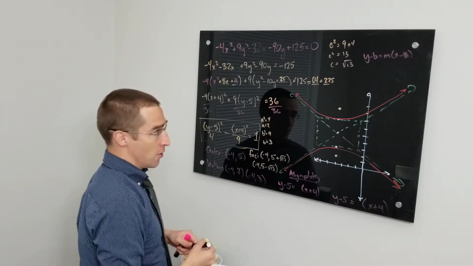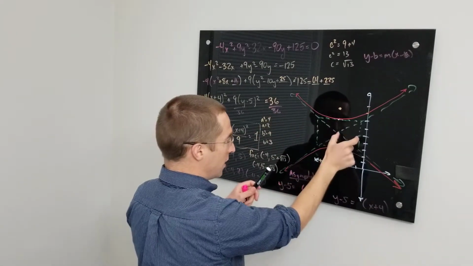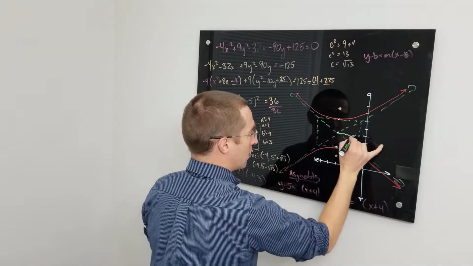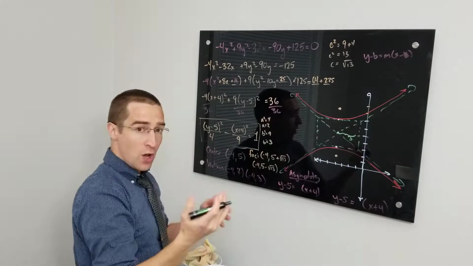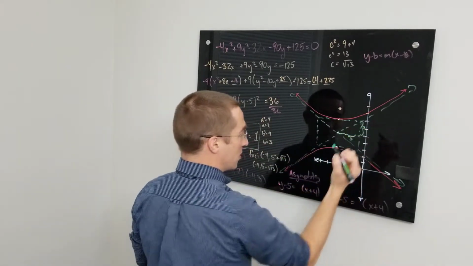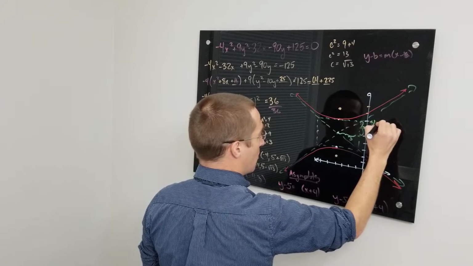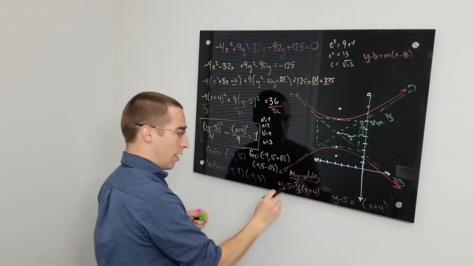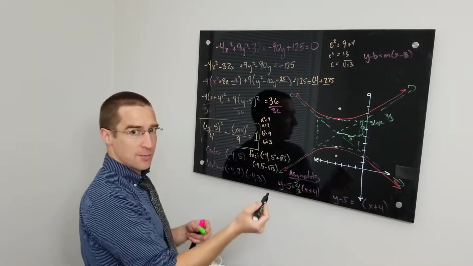We are going to the right, our b value, which is 3. So the run is 3, and the rise is our a value, which is 2. So here the slope is 2/3. So I'm going to say y minus 5 equals 2/3 times x plus 4.